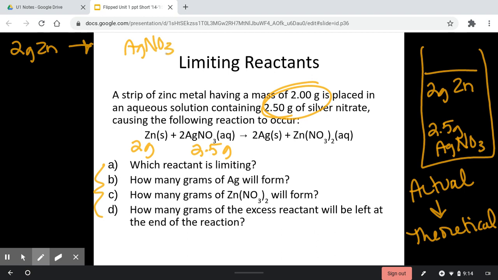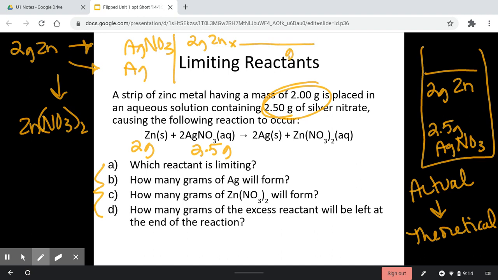So for example, I can take my amount of zinc and I can calculate to 3 different things. I can calculate to silver nitrate, I can calculate to silver, or I can calculate to zinc nitrate. Okay, so all of these are going to be the same.